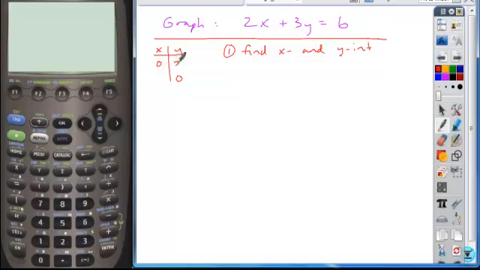So 0, 2 is one set of points. And then to find the x-intercept, we plug in a 0 for the y, which again eliminates this term. So what would be the corresponding value of x? 3. And so the easiest way is to find the x and y intercepts, and then just connect them to form a line.